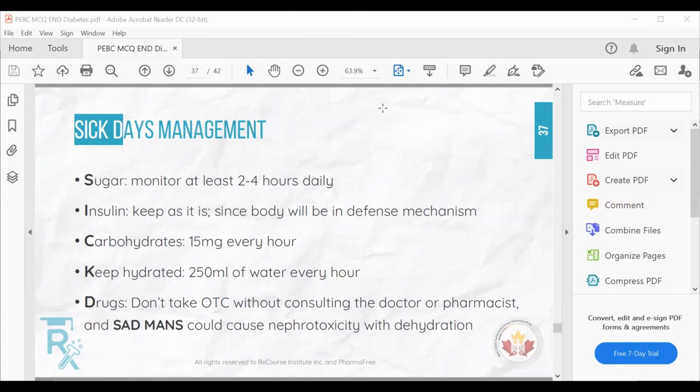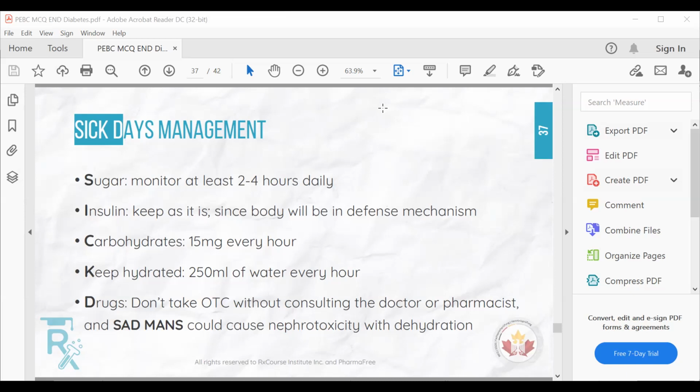For insulin, I don't have to change it as for now because the body has its defense mechanism already. The body will respond by changing the hormonal release to equalize the change in sugar level. This is at the beginning.